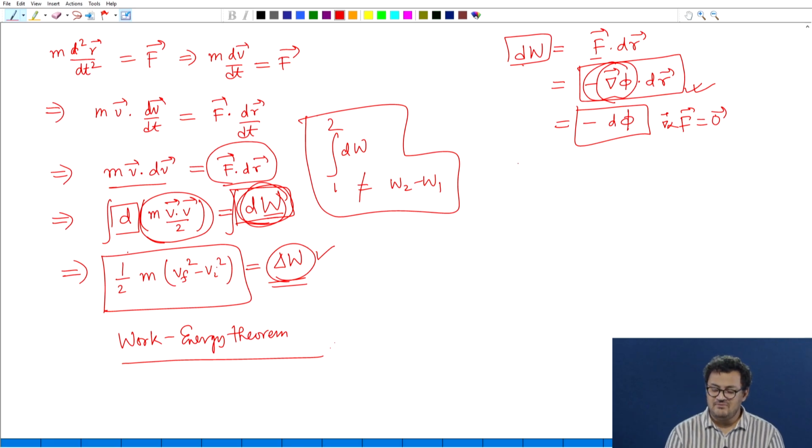Such force fields are known as conservative force fields.